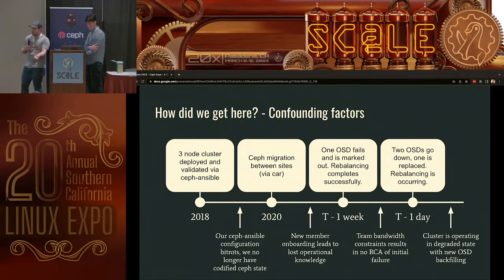Along with this, new member onboarding and bandwidth constraints on the team. At the end of the day, we're now operating in a degraded state where we have 1 OSD that is missing and currently backfilling, which resulted in a couple of PGs that are now in a degraded active state.